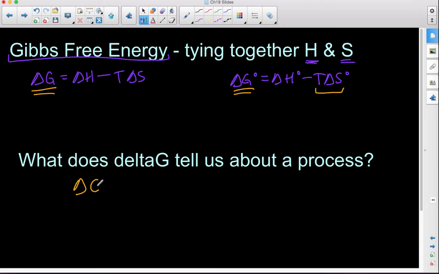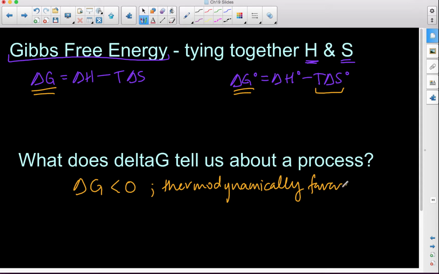If my delta G is less than 0, then my process is thermodynamically favorable. Meaning, based on the energetics of my products versus my reactants, this process ought to go on its own. It is basically spontaneous, though spontaneous is not the word of choice; thermodynamically favorable is.